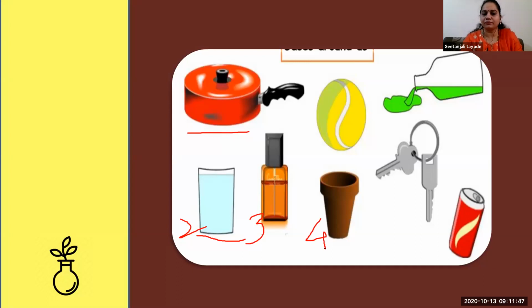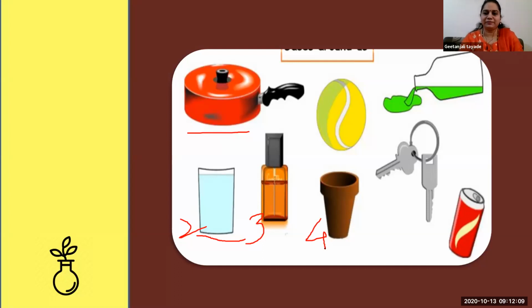Miss, this is made of soil. Soil, because we have seen that a pot is made of soil, and it was breakable. Yes, it is breakable.